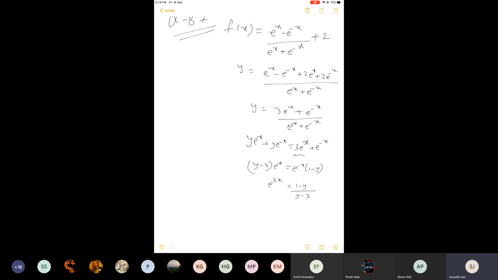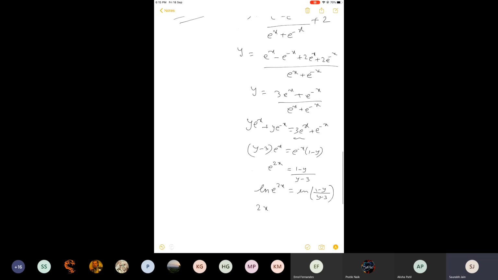So e to the power 2x equals (1 minus y) upon (y minus 3). Take log on the base of e, that is ln. ln or log on base of e, both are the same. So this is 2x, ln e is 1.